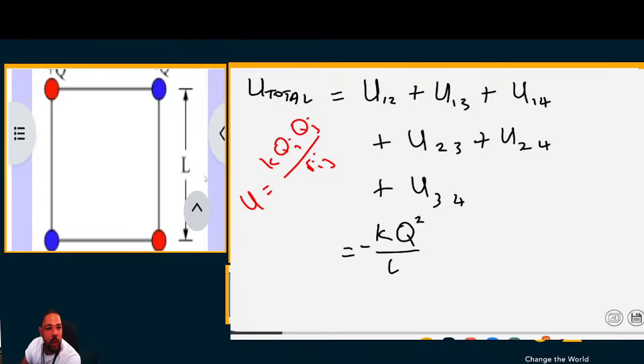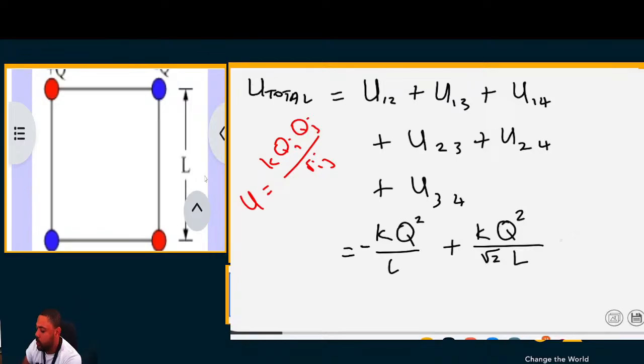Then it is 1 and number 3. They are both positive, so it will be positive. It's K Q squared, and the distance between those two, which we worked out at the very beginning, is square root 2 times L. Then it's 1 and 4.